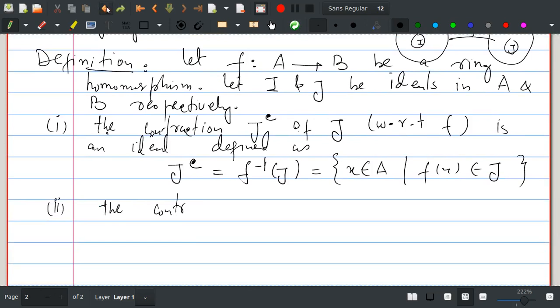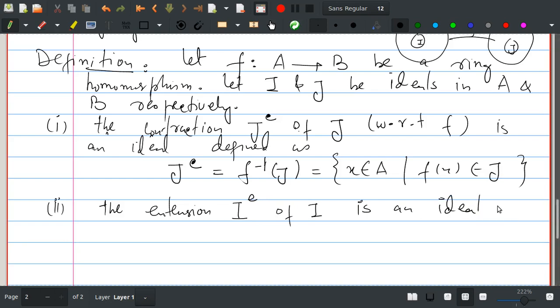The extension I to the E of I is an ideal in B, defined as follows.